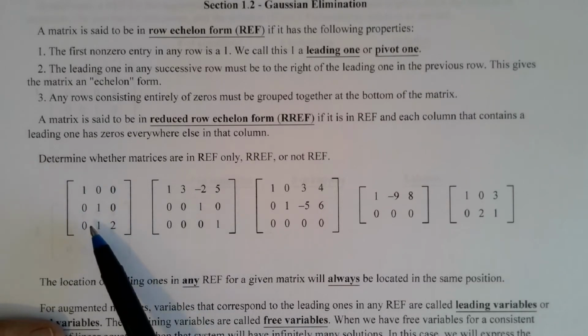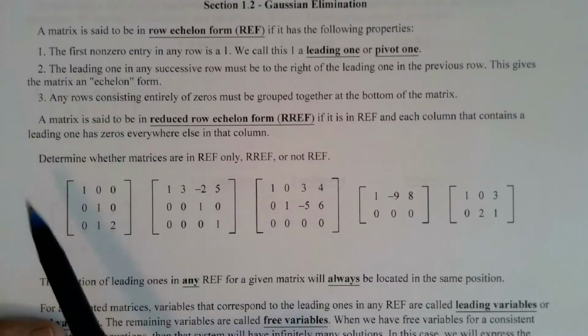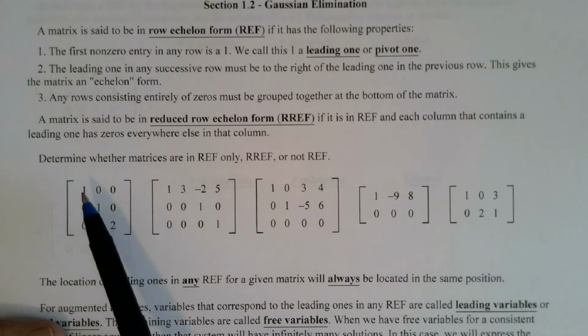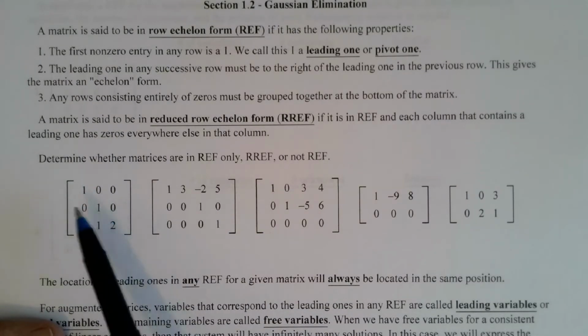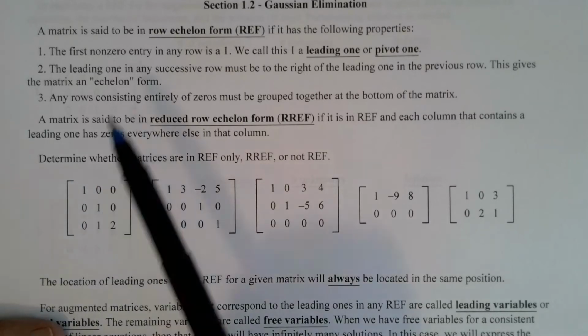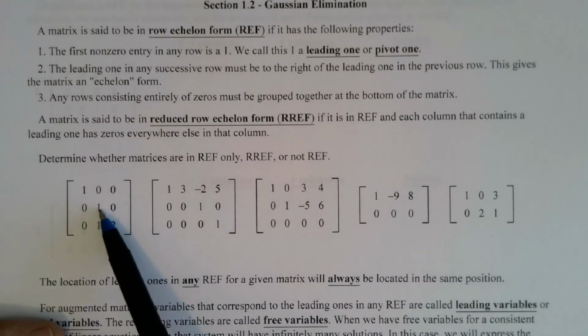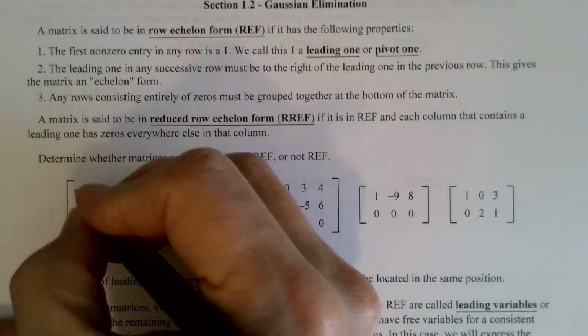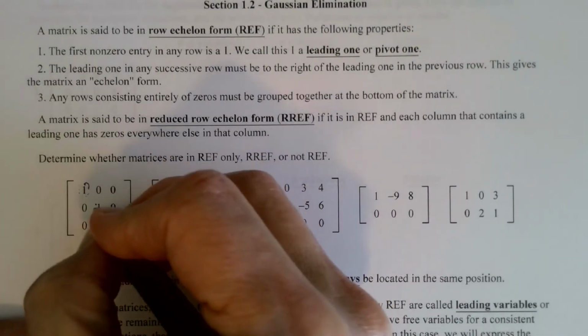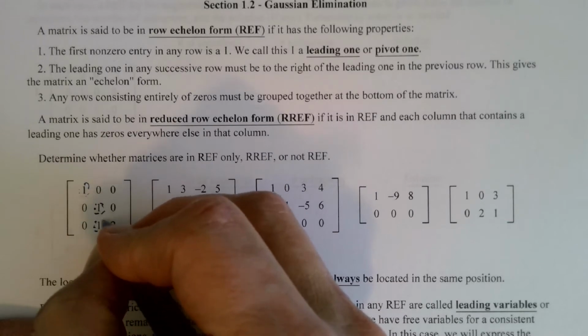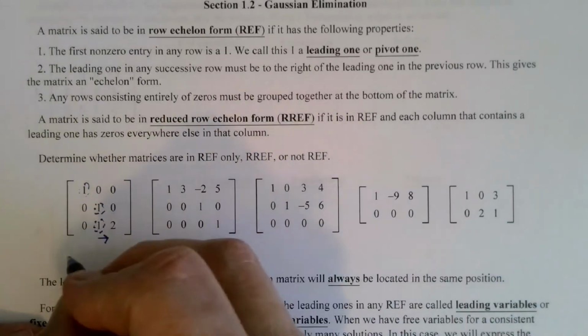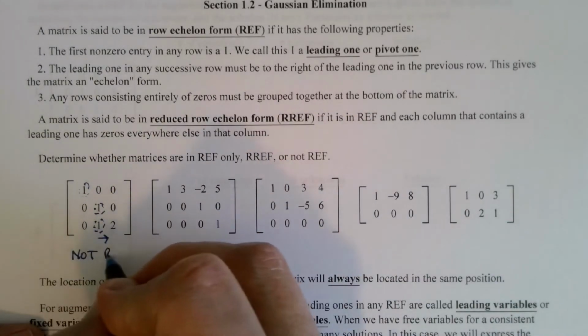Answer, no. First of all, number 1 is true. The first non-zero entry in any row is a 1. Hit a 1 there, hit a 1 there, hit a 1 there. But the leading ones in successive rows are not to the right. In particular, going from the second to the third row, I'm going to circle these leading ones. Here's a 1, here's a 1, and this one in the third row has to be further to the right. So this is not row echelon form.